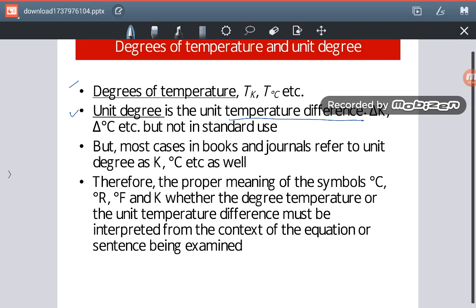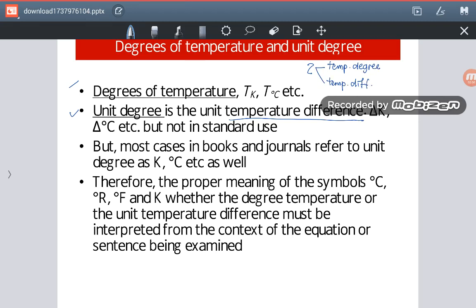So I'm just going to write it here. Two things. The first one is temperature degree. The other one is temperature difference.